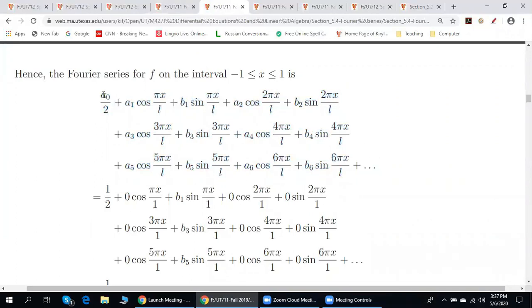Next step, we replace a0 by 1, because we know that a0 is 1. We replace all 0 terms by zeros. The 0 terms are all other a's, zeros, and even b's, again zeros.